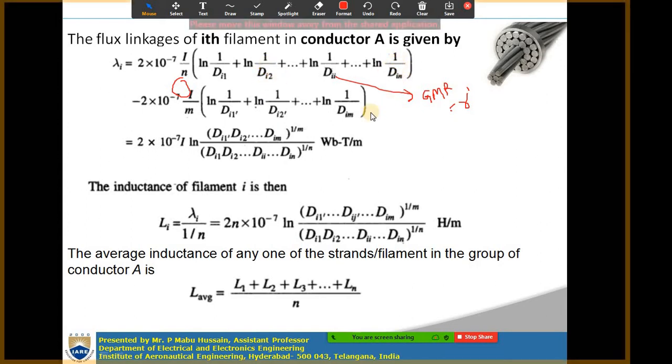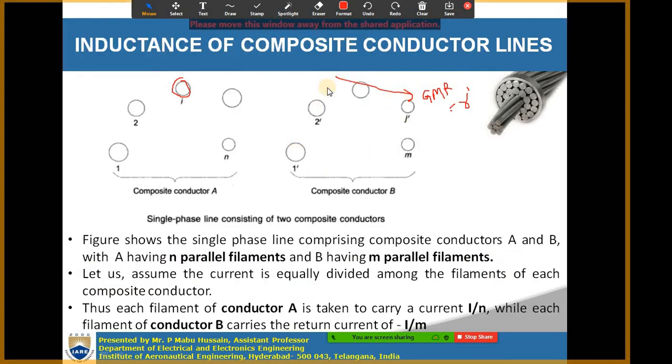In a similar way, you have to consider the group of strands of conductor B also, right? That means the current flowing through conductor B will also affect the flux linkages of the ith conductor, right? So what is the current flowing through these strands of conductor B? Minus I by m.